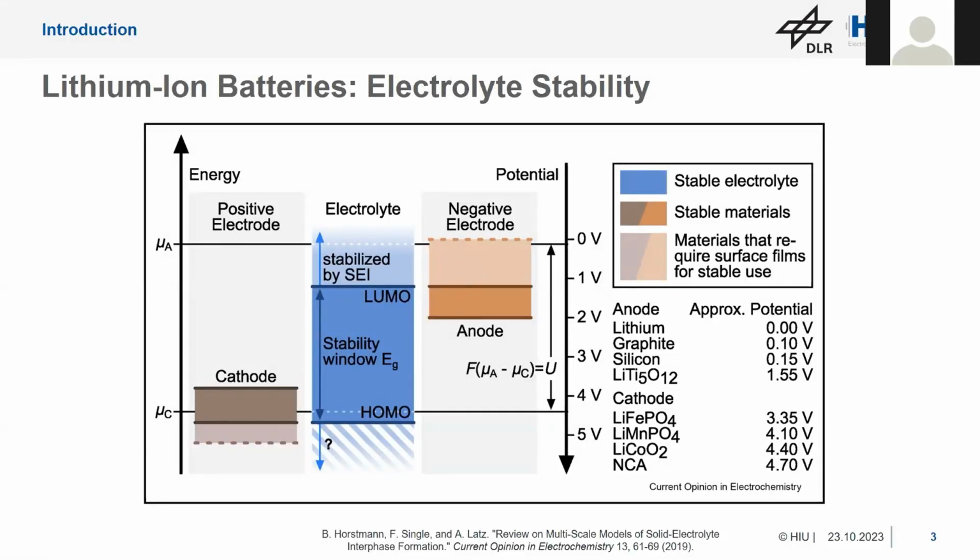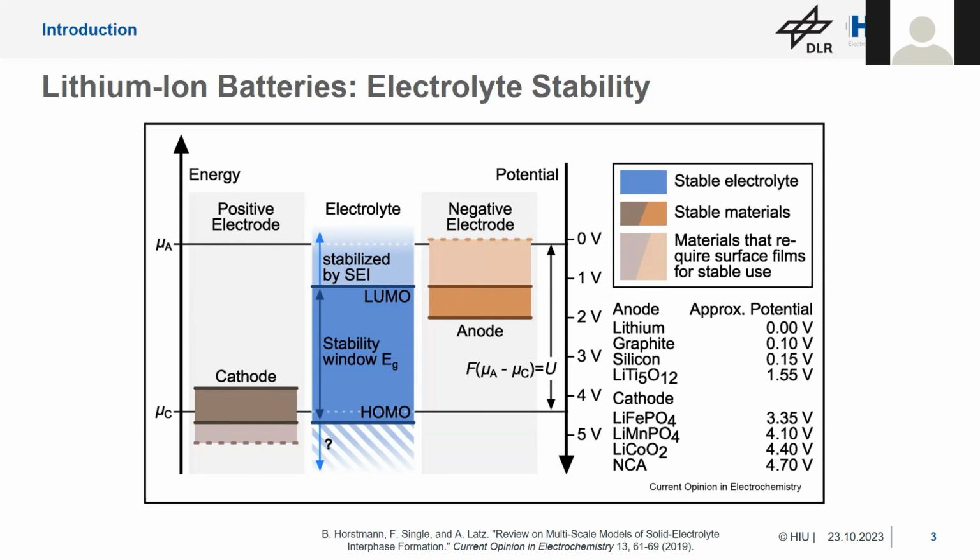Already at around 1 volt, these electrolytes tend to disintegrate, so they are reduced by the negative electrode. But we work with graphite electrodes here, or silicon electrodes, or even lithium metal electrodes, and they have voltages very close to 0 volt. So there's a 1 volt gap between the stability of the electrolyte and the electrode that we want to use.